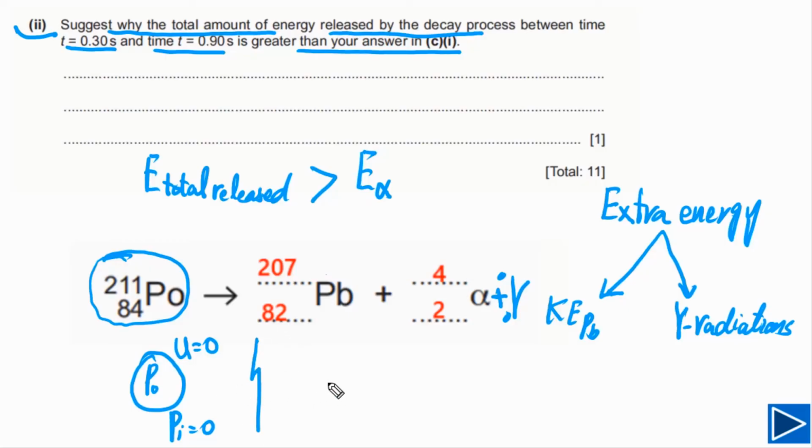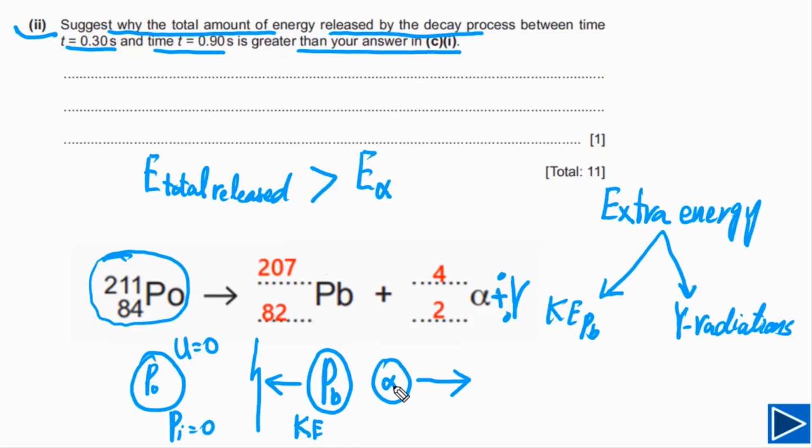After this decay, we have two particles. One is the nucleus of Pb and one is the alpha particle. If the alpha particle goes to the right, Pb has to go to the left to conserve momentum. So Pb has kinetic energy.